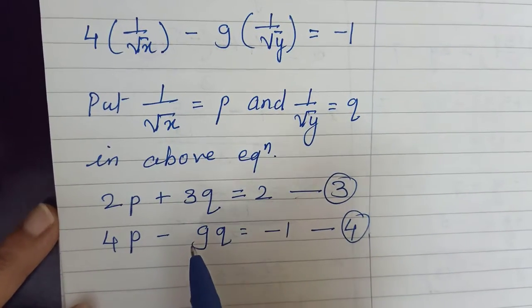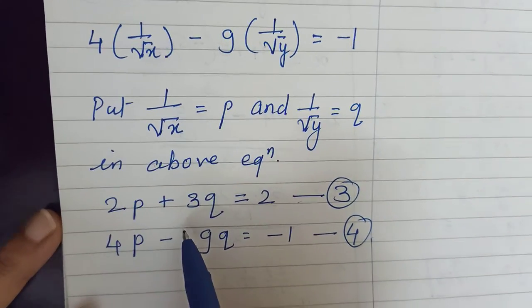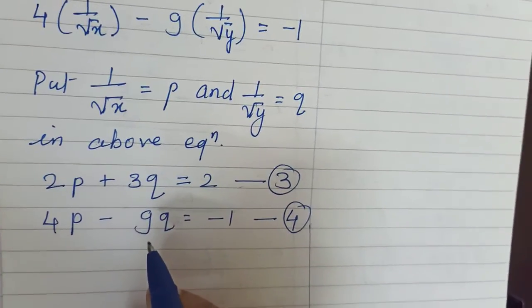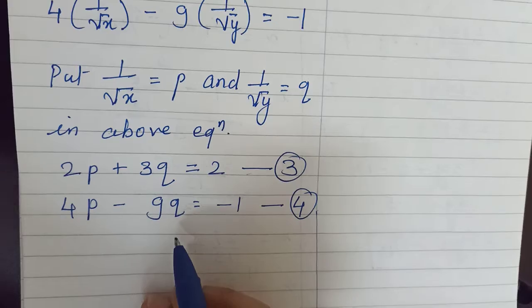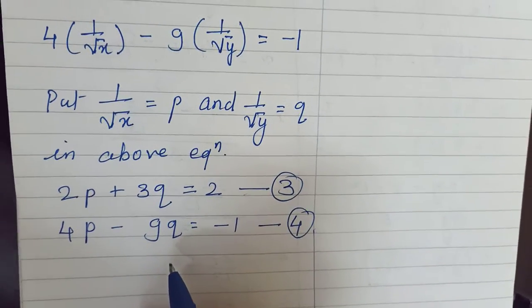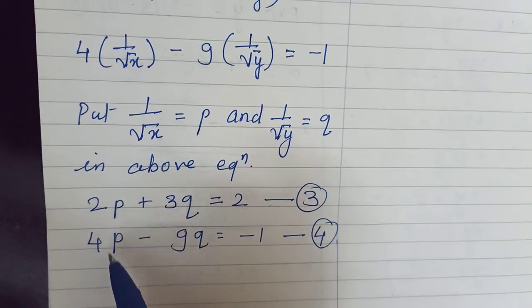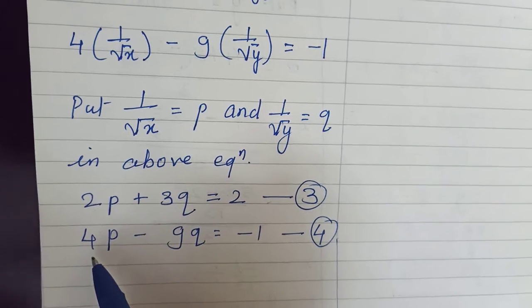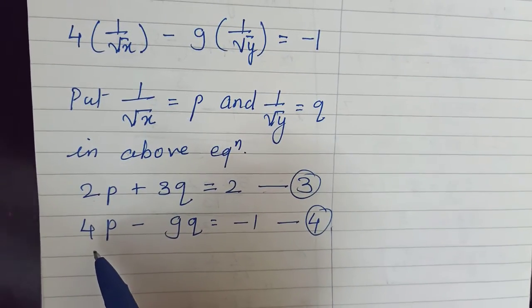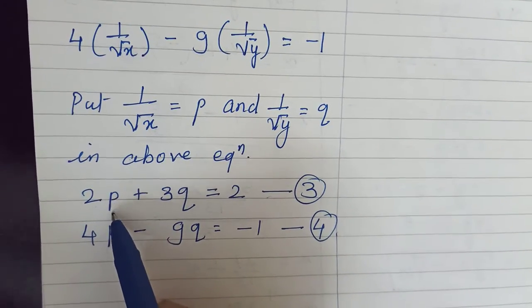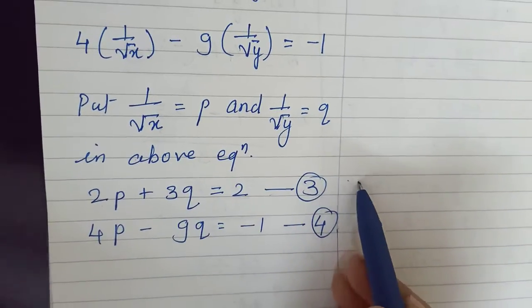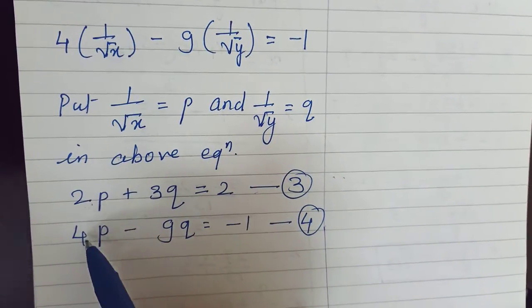The next step is to use any one method to solve these equations to find the values of p and q. Let us use the elimination method. If we see the p terms, the coefficient is 2 and it is 4. So if we multiply equation 3 by 2, the coefficient of p will become the same.